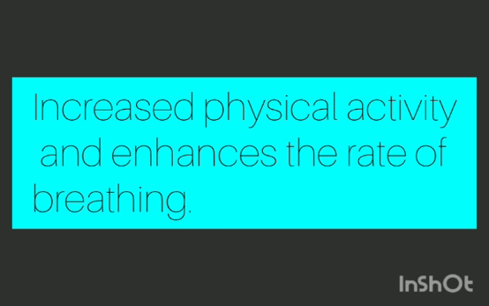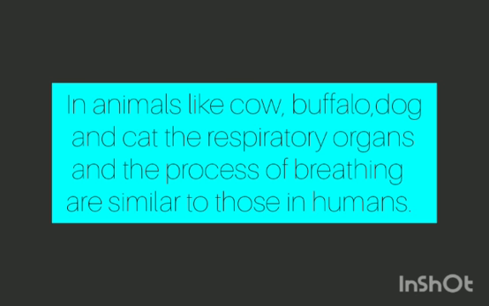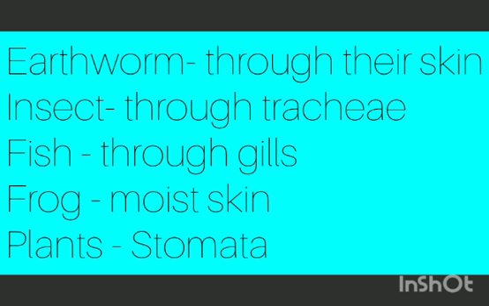In animals like cow, buffalo, dog and cat, the respiratory organs and the process of breathing are similar to those in humans. In earthworms, the exchange of gases occurs through the moist skin.